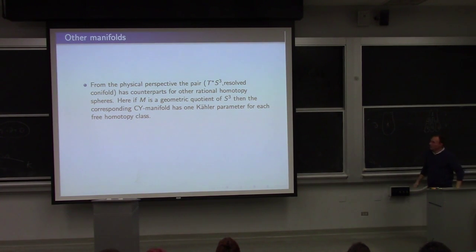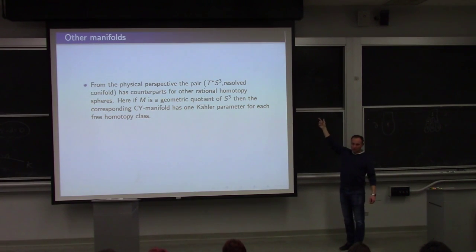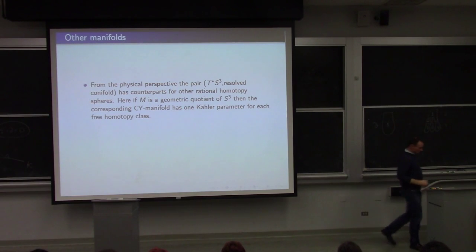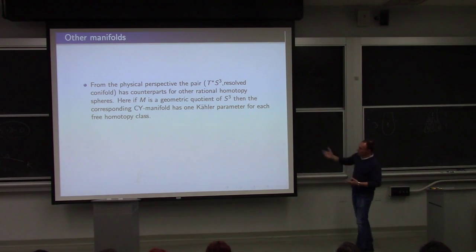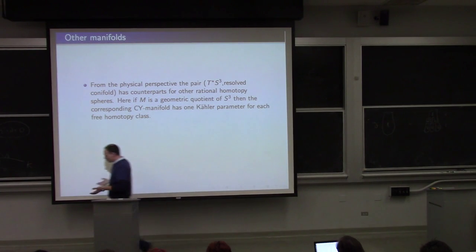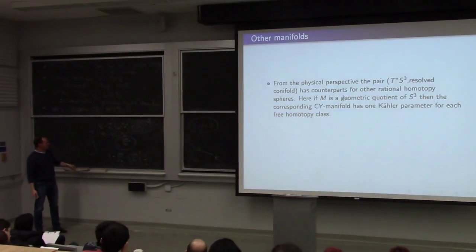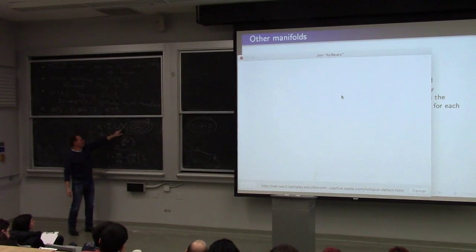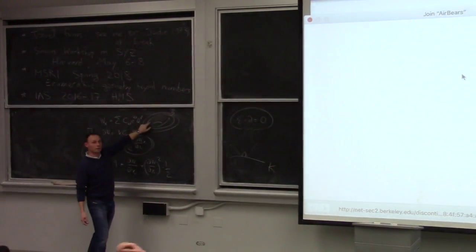Here, in the constructions, one has exactly one scalar parameter for each free homotopy class of loops. If we want to carry this story over, knot contact homology you can still do. And if you think of this carried over, then the Gromov-Witten potential would be a function of many more variables.